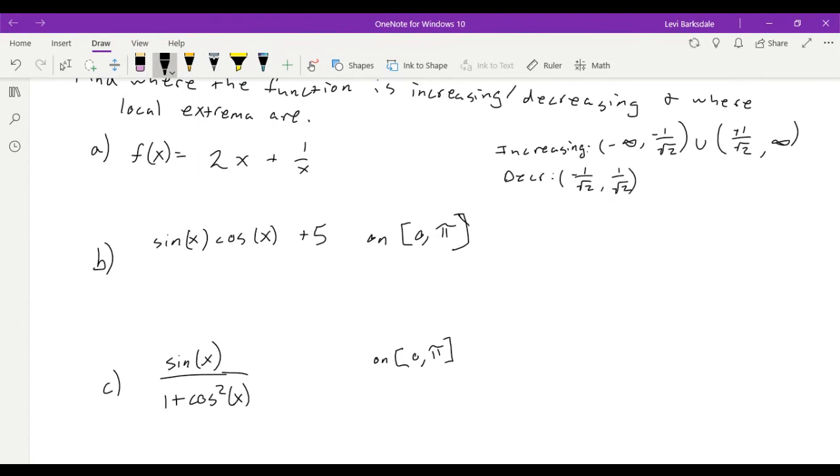And it has a max at negative 1 over root 2 and a minimum at positive 1 over root 2.